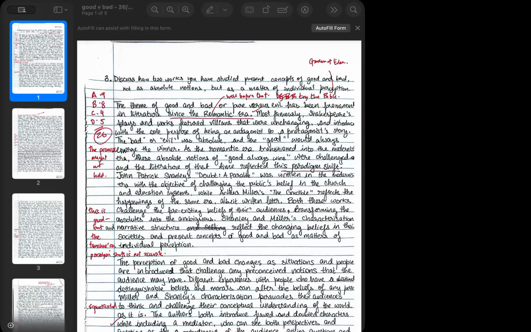How they use the same convention or the same technique to show two different sub-themes under the same keyword. A theme-based essay, which is the other kind of essay you can write, is one where each of your paragraphs is centered around a sub-theme of the keyword that is in the essay question.